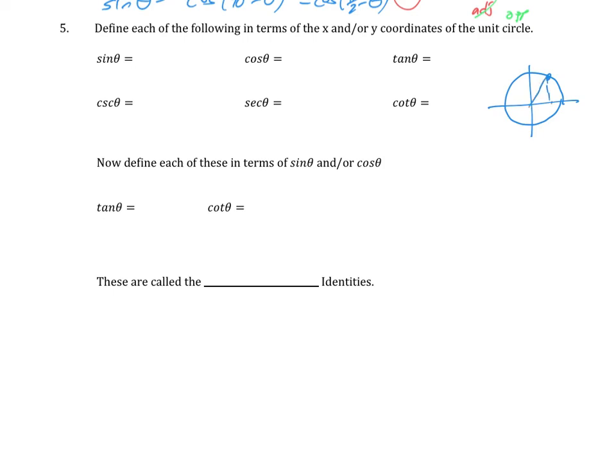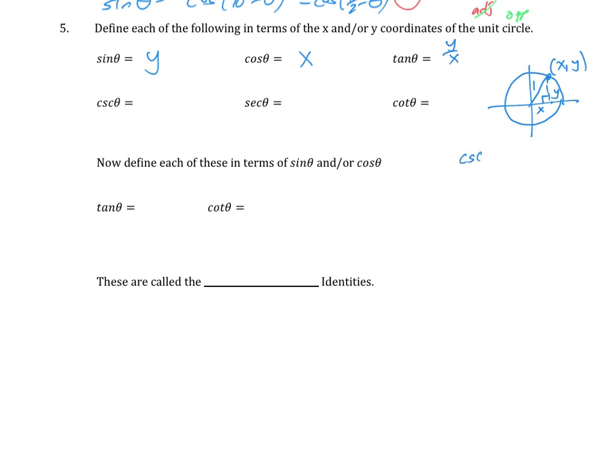I'll draw in a little right triangle, label the sides, the lengths x and y. And we've done this before. We know that sine of theta is the y coordinate, cosine theta is the x coordinate, tangent theta is y over x. And last year you should have learned these reciprocal functions.